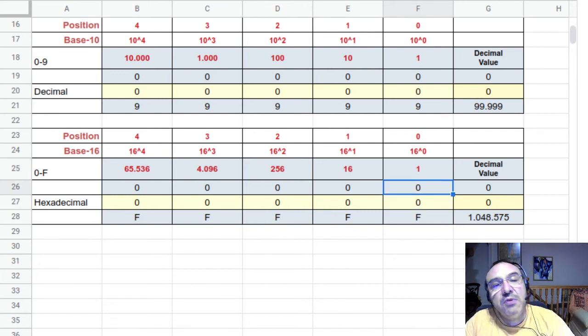In the first position, the units, you can go from 1 to 9, and then you have the symbols A that has the value of 10, B which is 11, C which is 12, D 13, E 14, and the highest symbol in base 16 is F, with the value of 15.